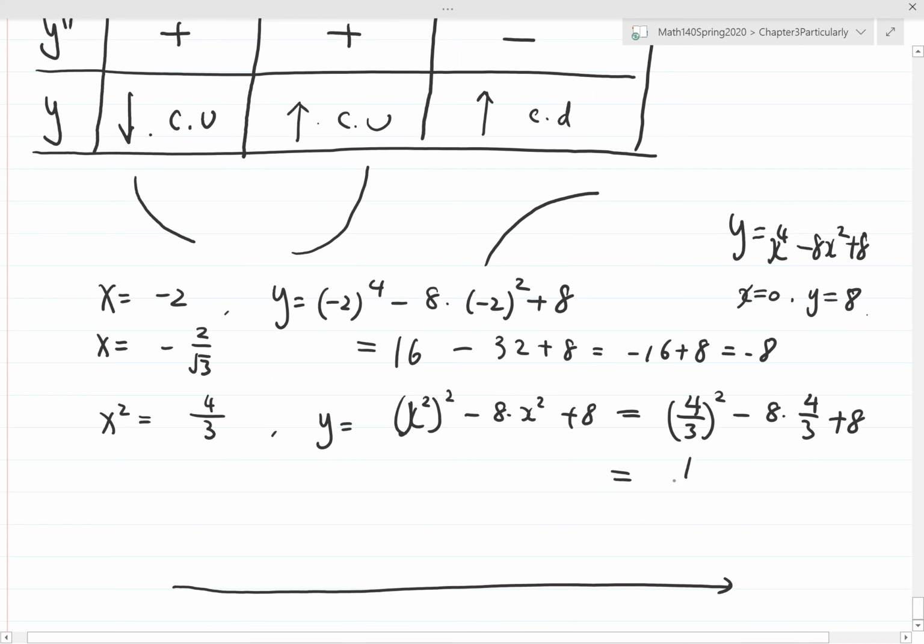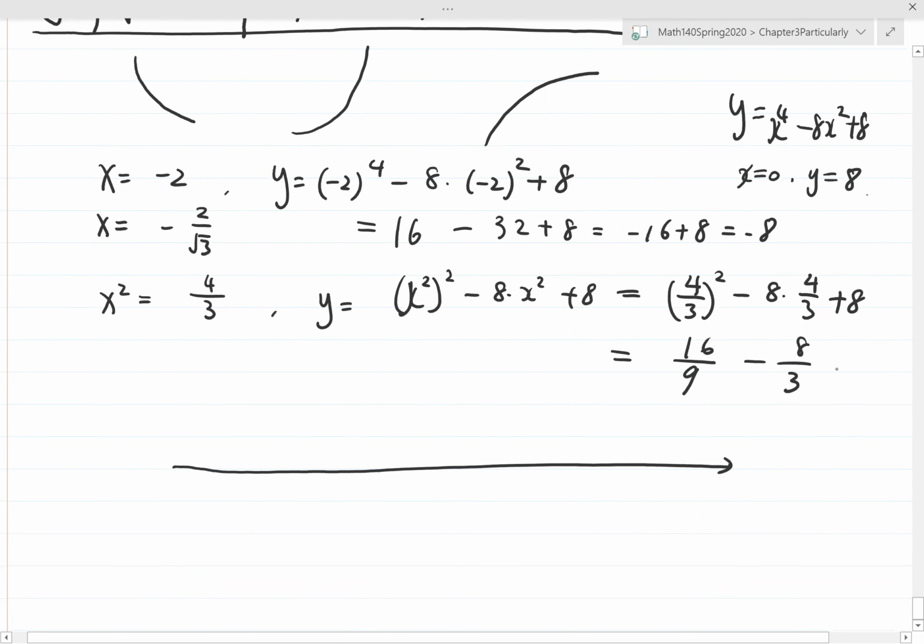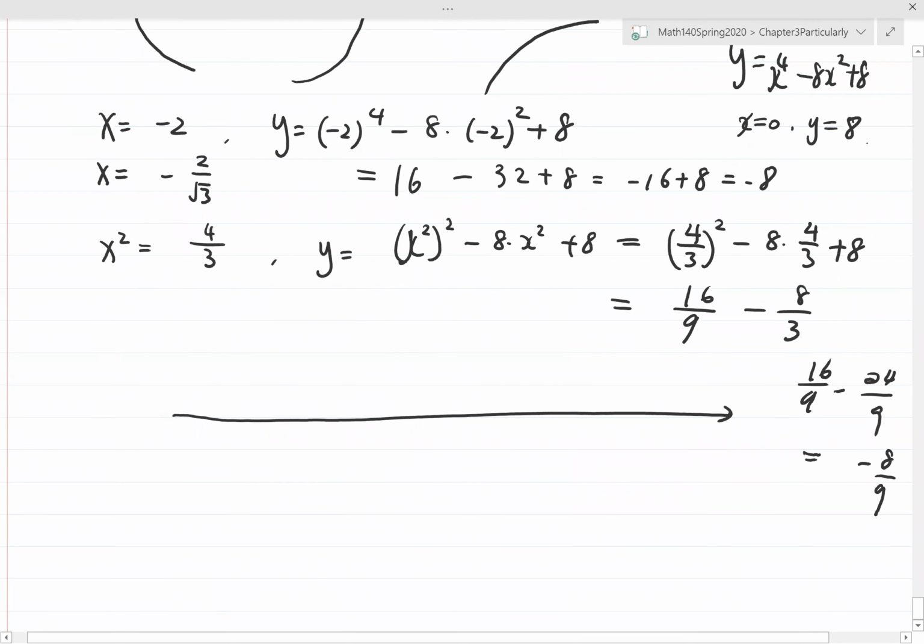So this is 16 over 9 minus 8 over 3, which is 16 over 9 minus 24 over 9. So it's negative 8 over 9, around negative 1.